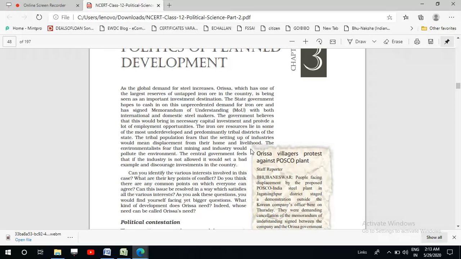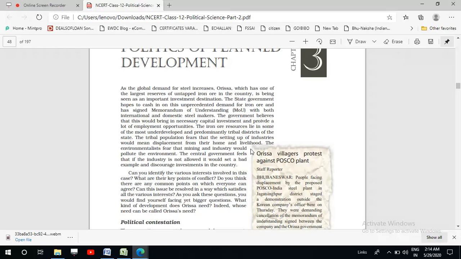Why? Because they have the fear that if international companies and domestic companies come to Odisha and start mining and setting up industries, then the tribal people will have to be displaced from their homes, because their homes are in those areas which have the mining, which have the coal reserve.